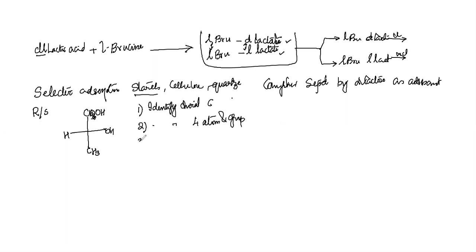Number 3, give priorities by CIP rule. And number 4, bring the least priority group away from the observer. This is what everyone forgets. Least priority group, most away.